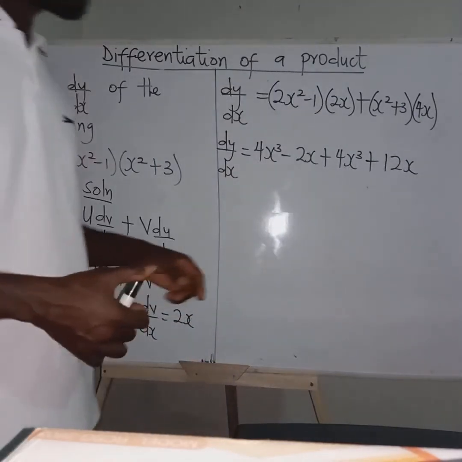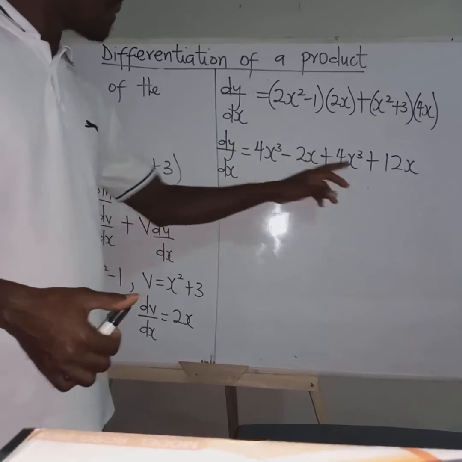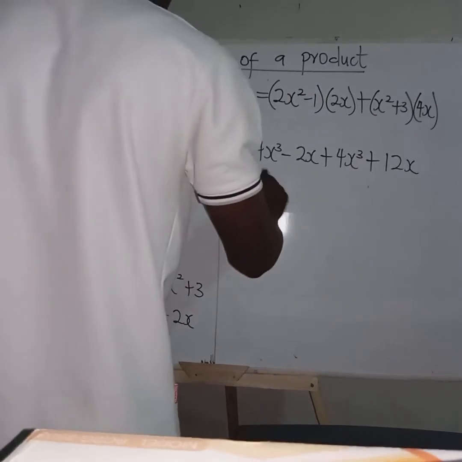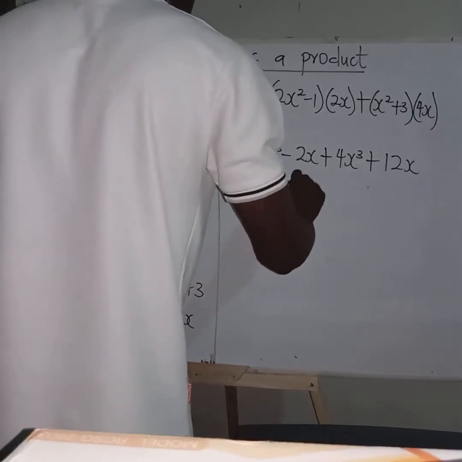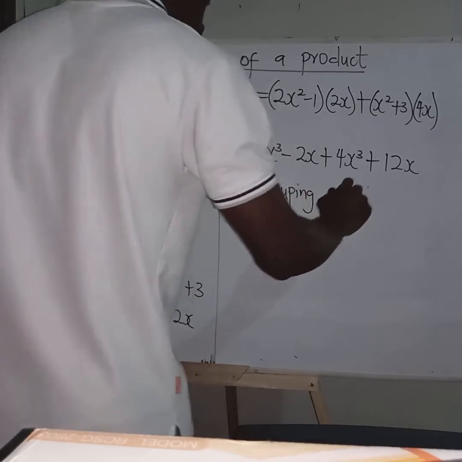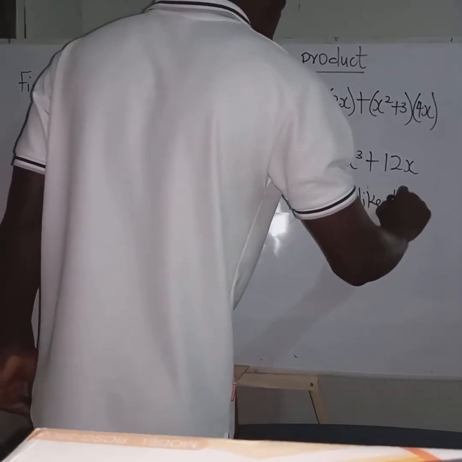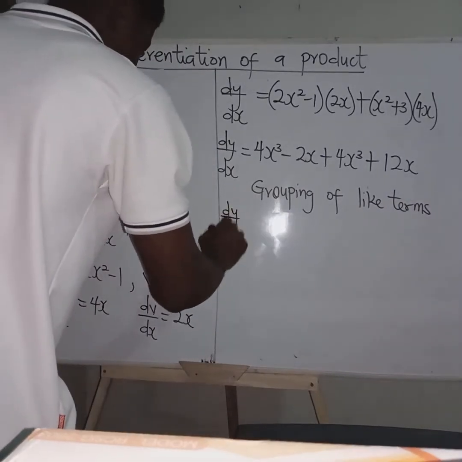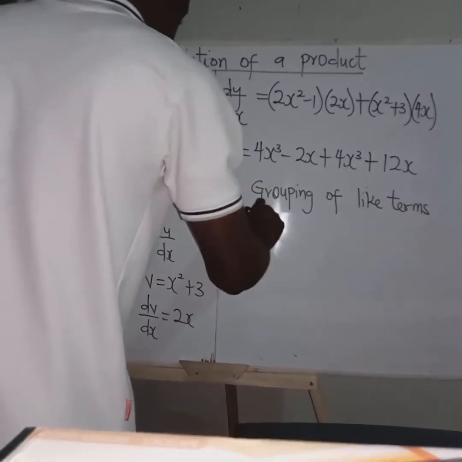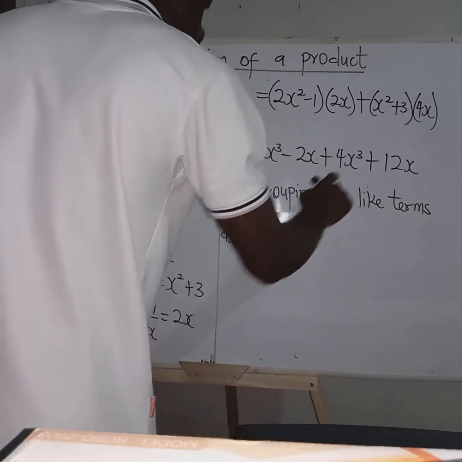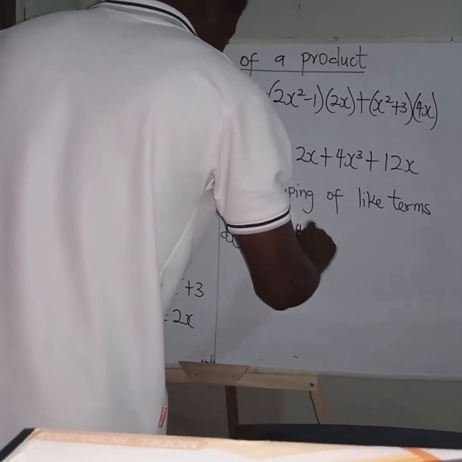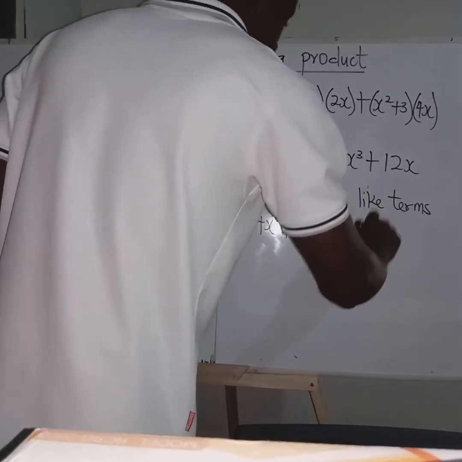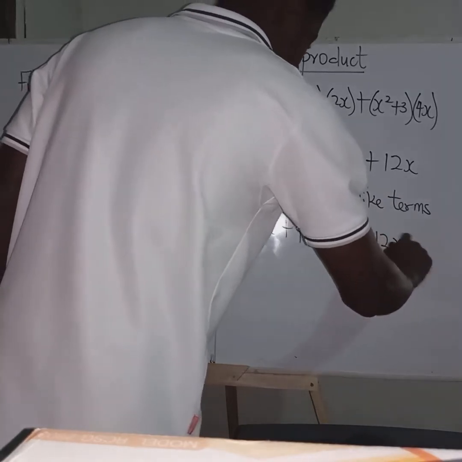From here, I can group like terms: x cubed and x cubed terms. So let's group like terms. dy over dx is equal to 4x cubed plus 4x cubed minus 2x plus 12x.